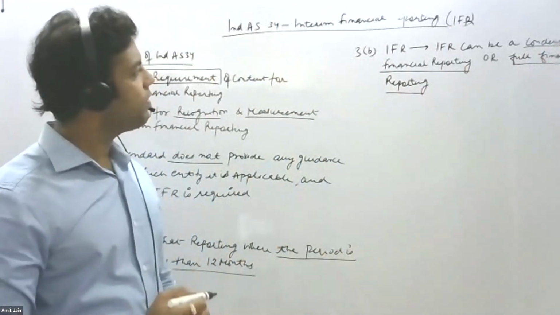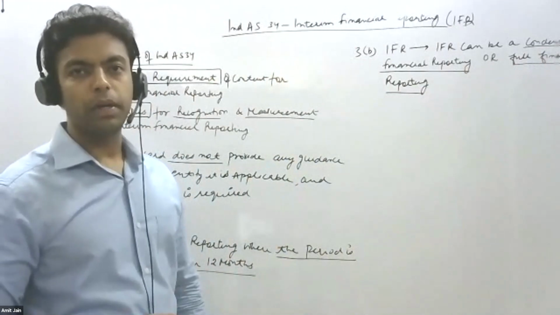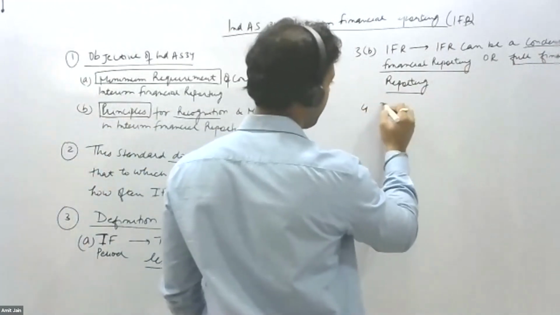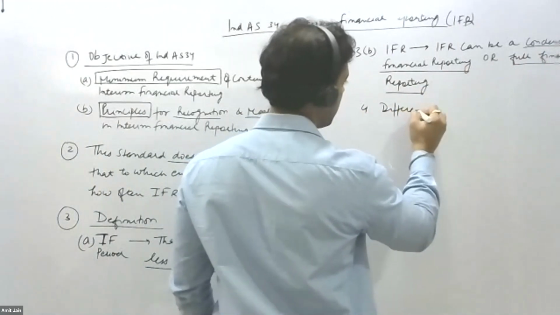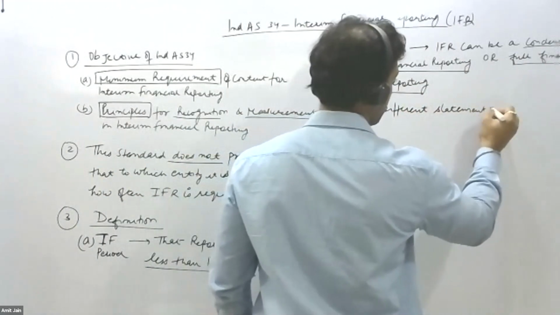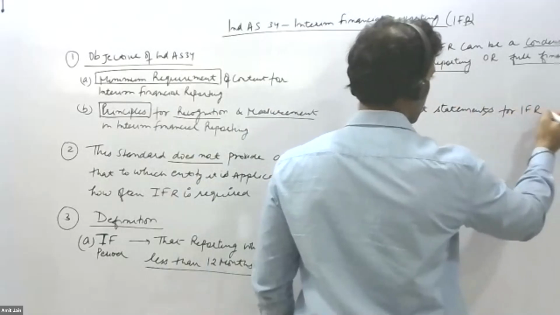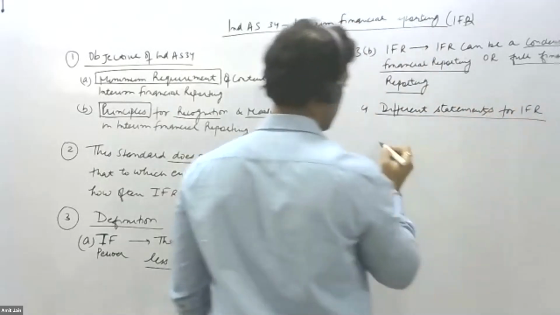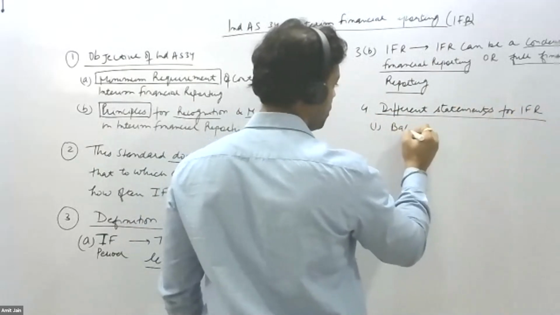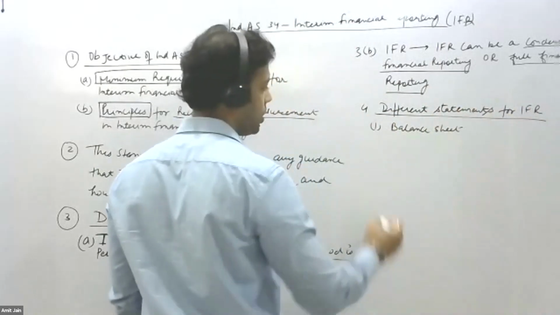So sir, when we prepare the interim financial reporting, what all statements need to be prepared? That means, what are the different statements for interim financial reporting? First, we need to prepare the balance sheet.